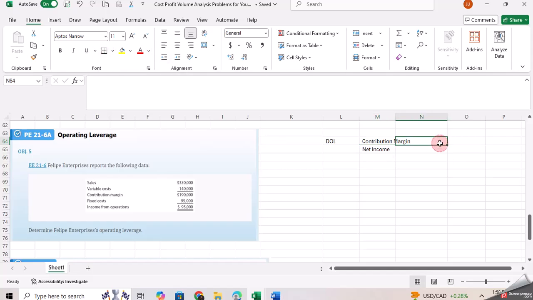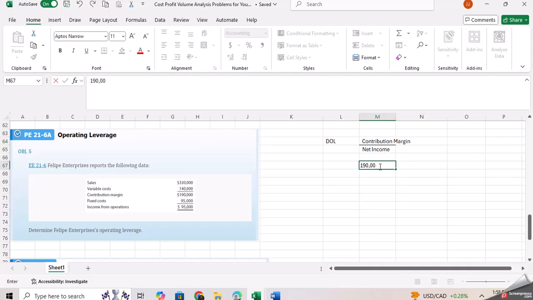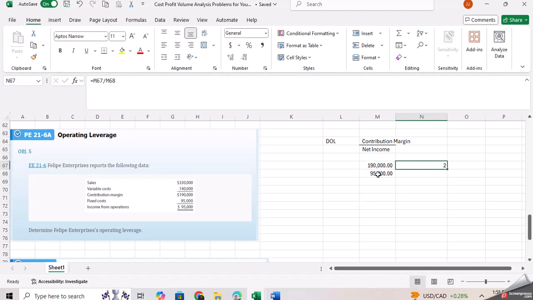So then in this one, we've got our contribution margin is 190,000. And then our income is 95,000. And then we'll divide those. And that gives us 2 times.